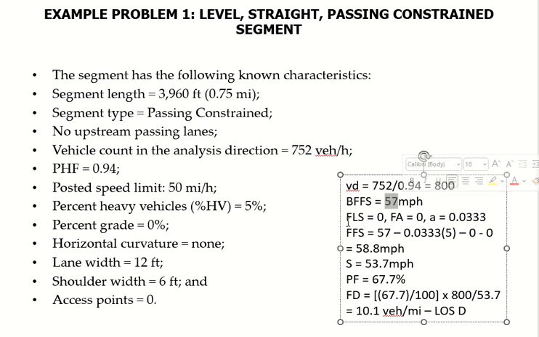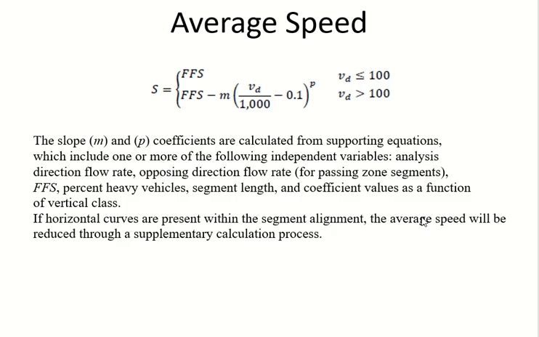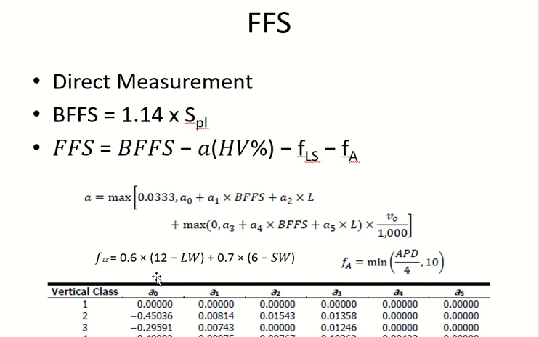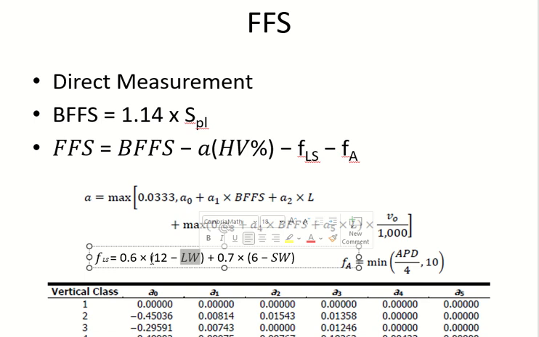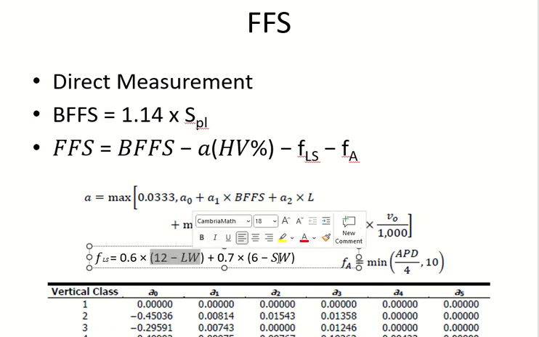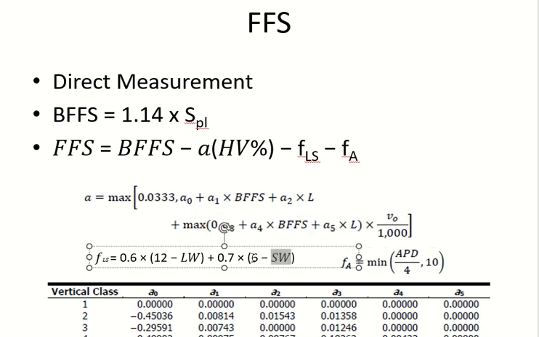Then I need to calculate these factors FLS, FA and A. Now if you look at the equation for FLS, my lane width is 12, so 12 minus 12 is 0. My shoulder width is 6, so 6 minus 6 is 0. So this whole factor becomes 0.